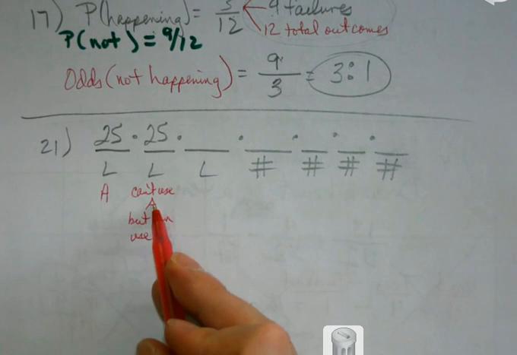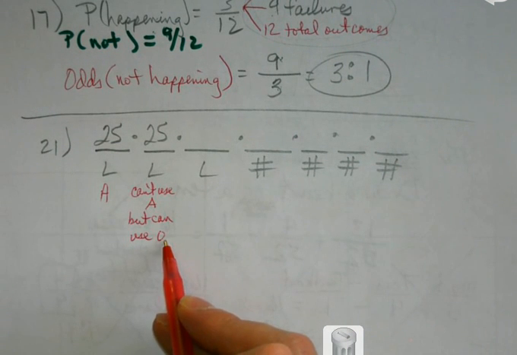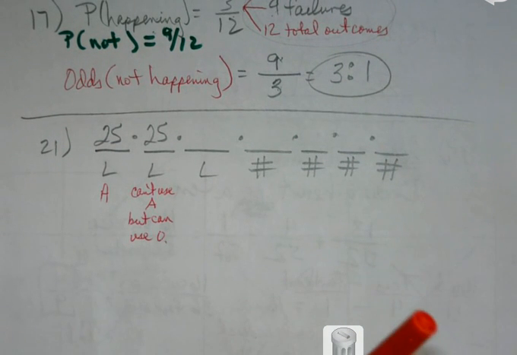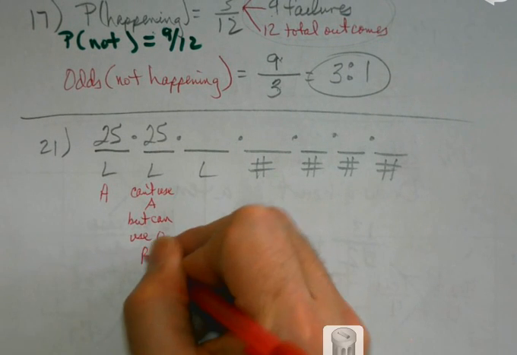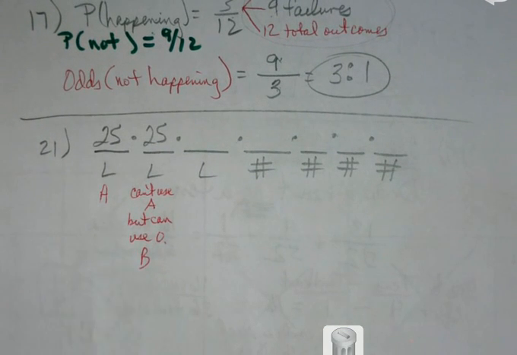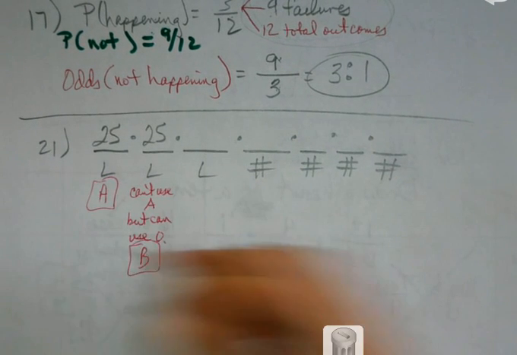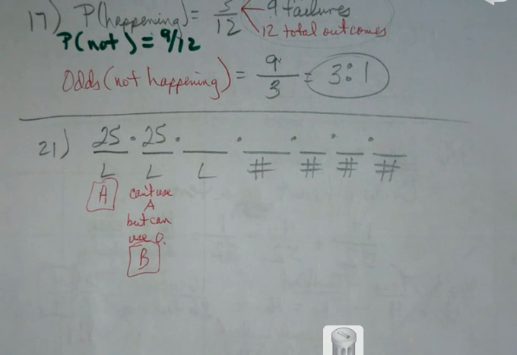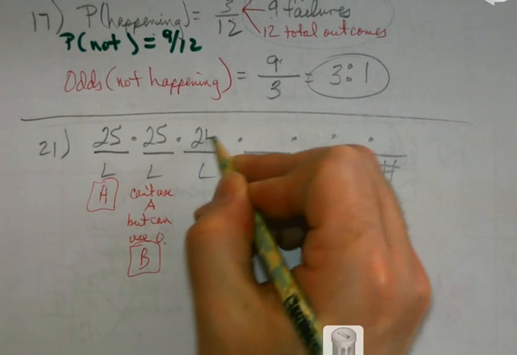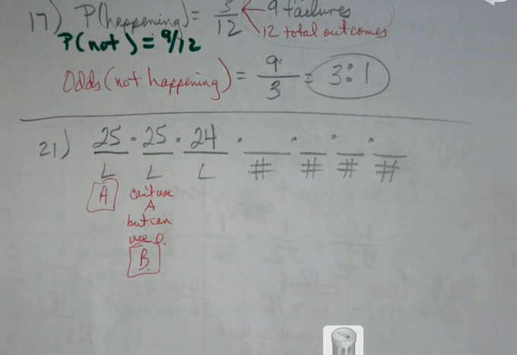So I lost one, but I gained one back. But now here, let's say I use, let's get real creative here, B. How many letters do I have left to use in my next one? 24. Because now A and B have been eliminated. But I can use any of the rest of them.